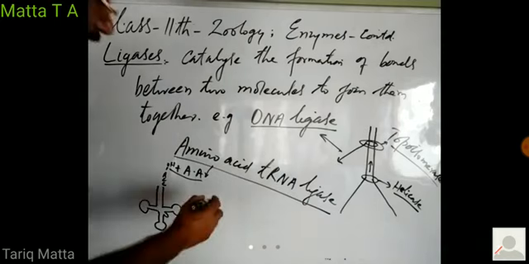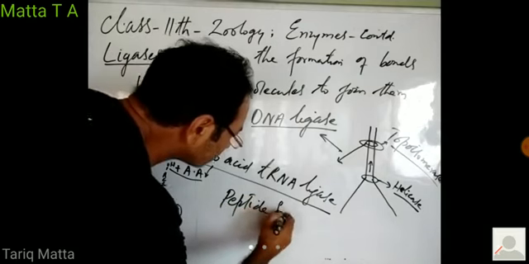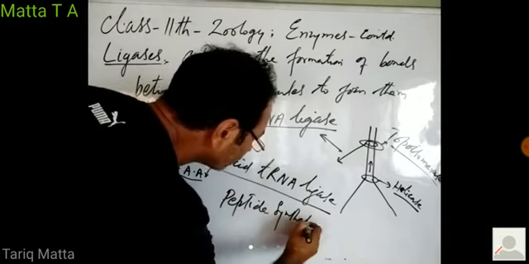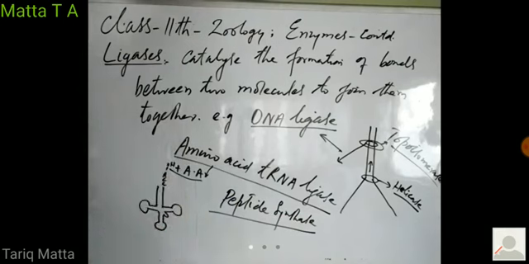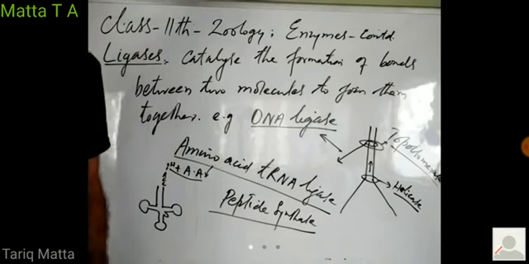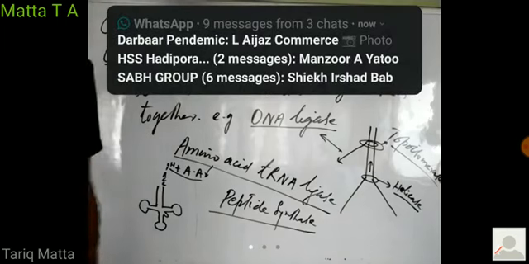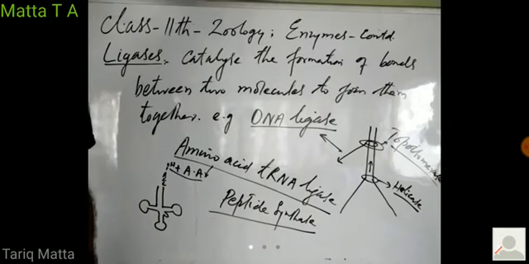Similarly, you might have heard about peptide synthesis. This is also a ligase which joins amino acids together for the formation of a polypeptide chain, right? So ligases are those enzymes which join two molecules together by the formation of bonds between them.